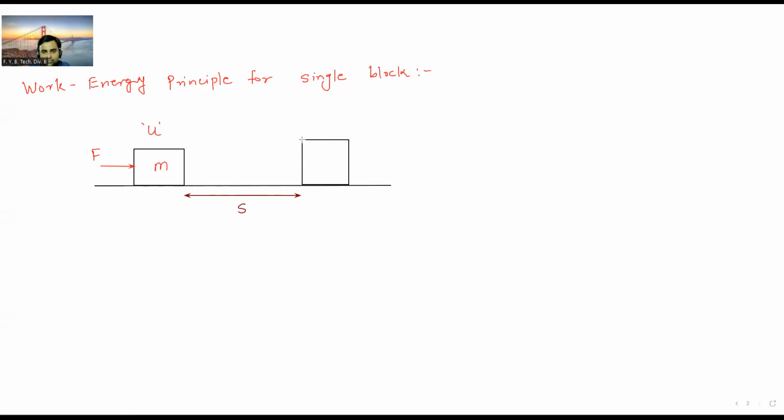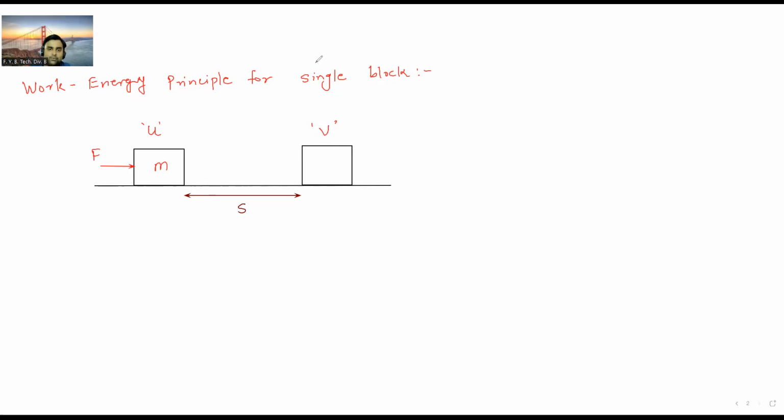This is the displaced box. And after the displacement s, suppose its velocity is v. Initially its velocity is u. This box has mass m. When you apply the force F, this box is displaced from this place, and its velocity is also changed, and at the displacement s, suppose its velocity is v.